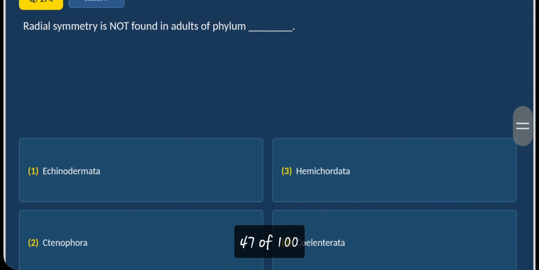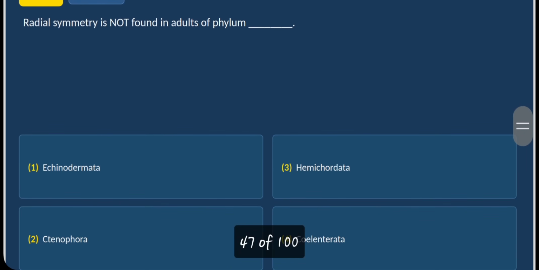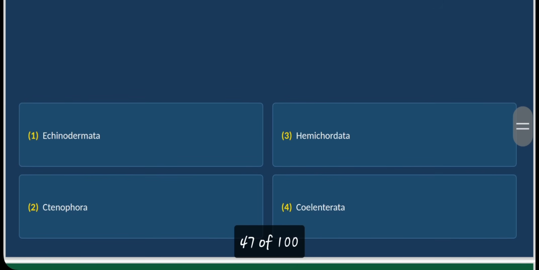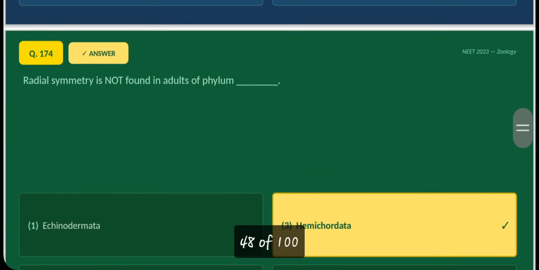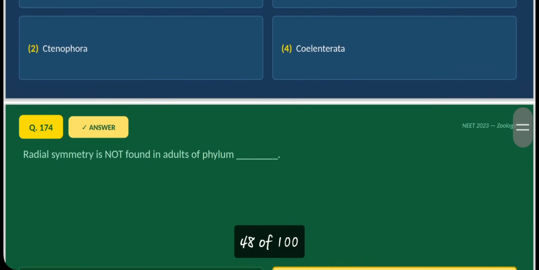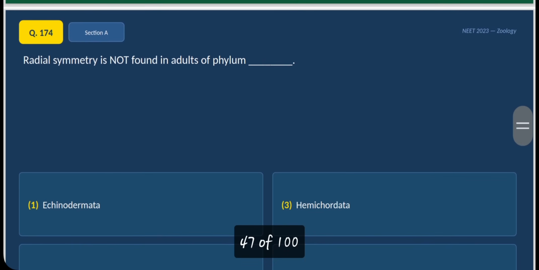Radial symmetry is not found in adults of phylum Echinodermata. The answer is, radial symmetry is not found in adults of phylum, see, Echinodermata adults have radial symmetry, but larvae have bilateral symmetry.